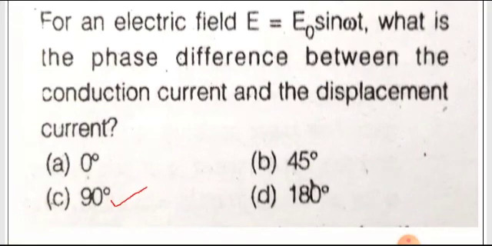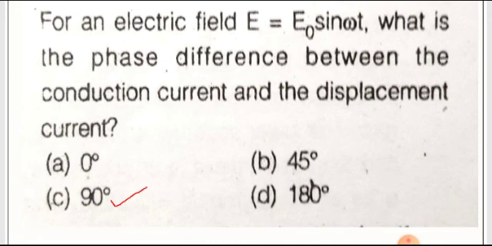For an electric field E is equal to E0 sin omega t, what is the phase difference between the conduction current and the displacement current? This question can be dealt with using our basic information, and equation-wise also we can prove it. Using common sense, the displacement current happens in the capacitor and conduction current happens in the resistive circuits.